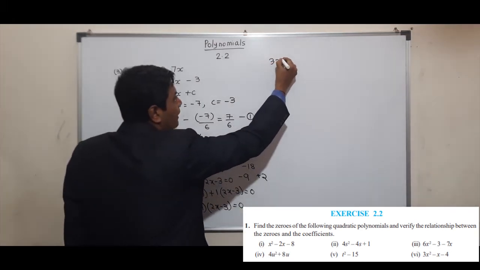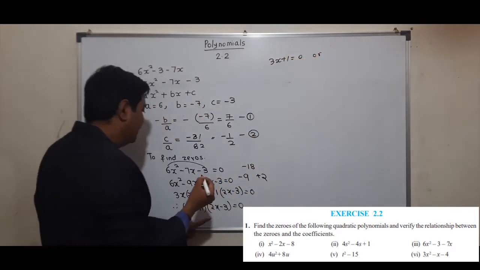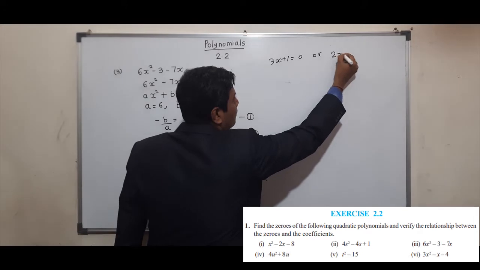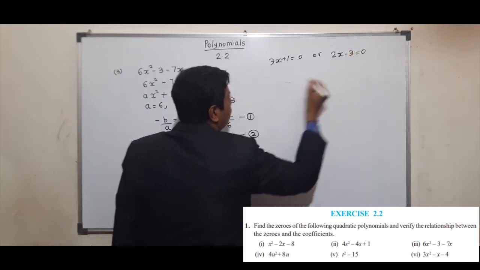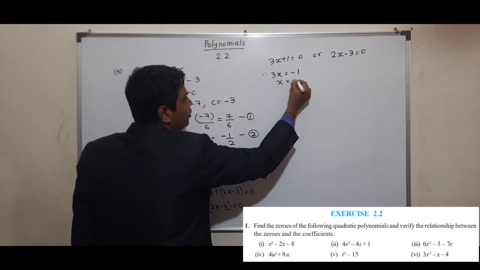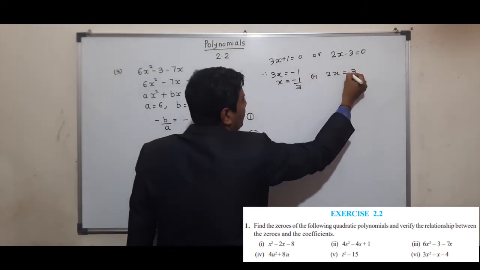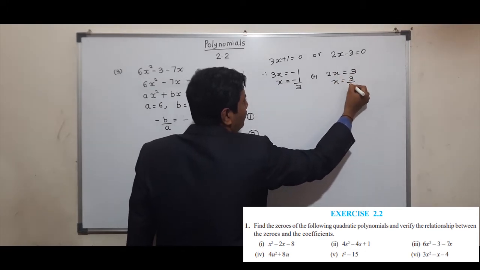Therefore 3x plus 1 is equal to 0, or 2x minus 3 is equal to 0. Therefore 3x is equal to minus 1, x is equal to minus 1 upon 3, or 2x is equal to 3, x is equal to 3 upon 2.